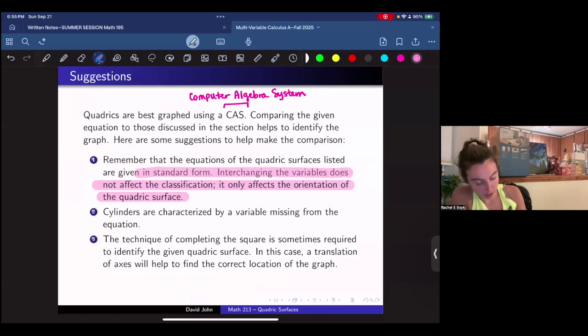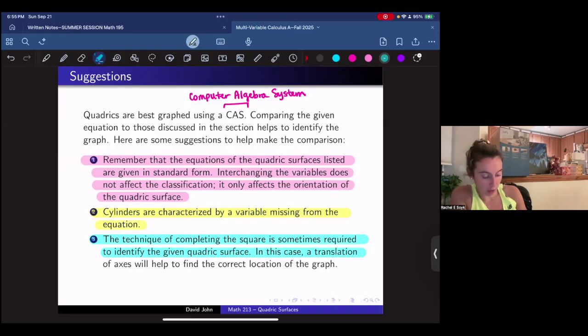So it's our first suggestion. Our second, we have cylinders are characterized by a variable missing from the equation. It's a really good one to, again, keep in your back pocket. And then the third suggestion, the technique of completing the square is sometimes required to identify the given quadric surface.